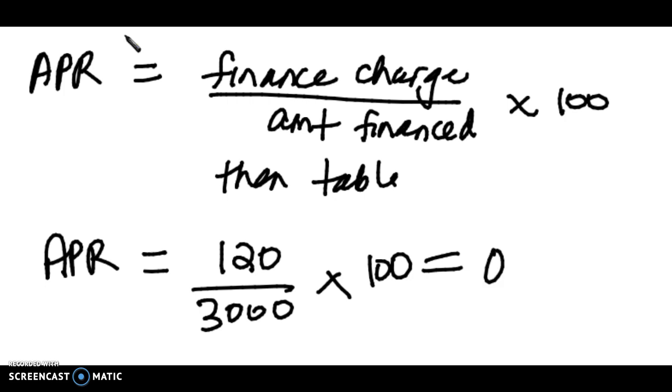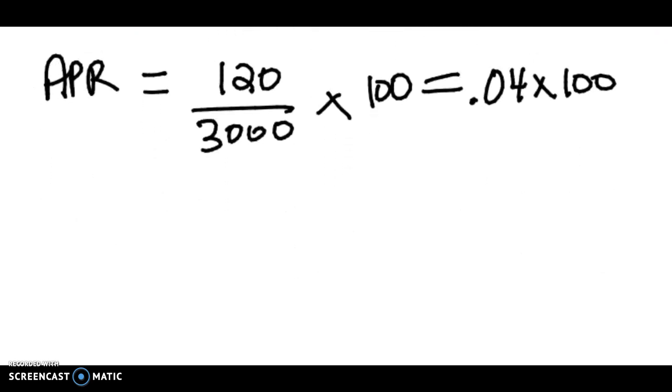So it's 0.04 times 100. And we find the APR. We're not done yet, but we find that this is 4.00.